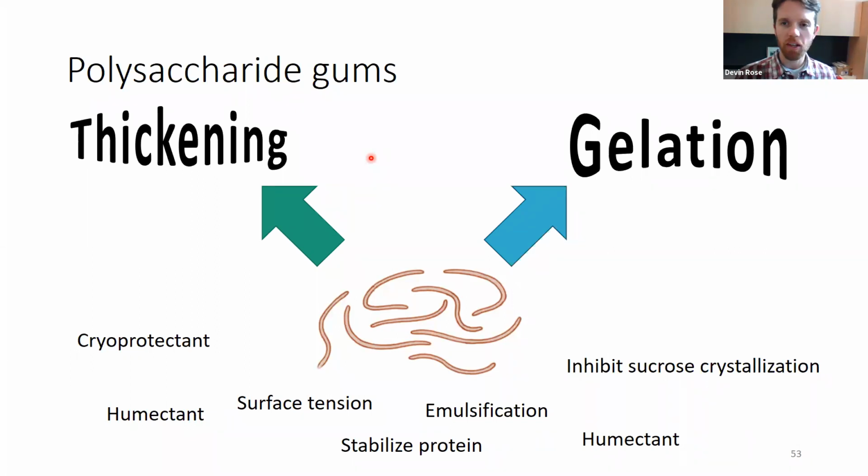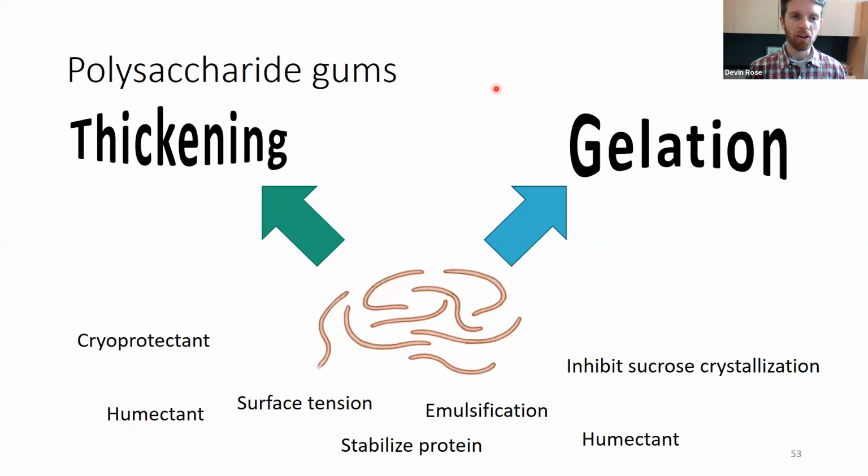But here, these are the two main functional properties that we want with polysaccharide gums. We want thickening and we want gelation. Those are the same functional properties that we want with starches as well. So these polysaccharide gums are going to have similar functionality to starches.